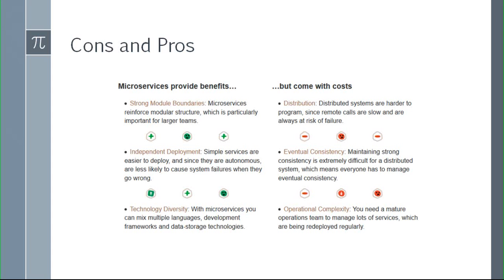One of the pros of the microservice architecture is strong module boundaries. So when you design a microservice architecture, you should adhere to the bounded context of the system. A bounded context should be designed around the business capabilities of the system. For example, when you are using domain-driven design, it shouldn't have a service per table.